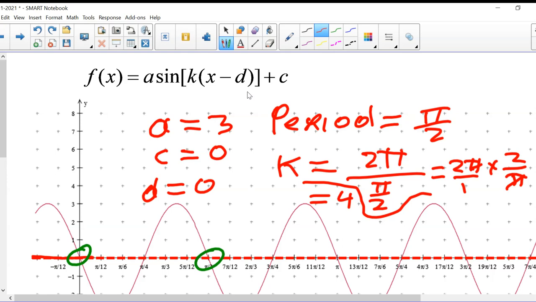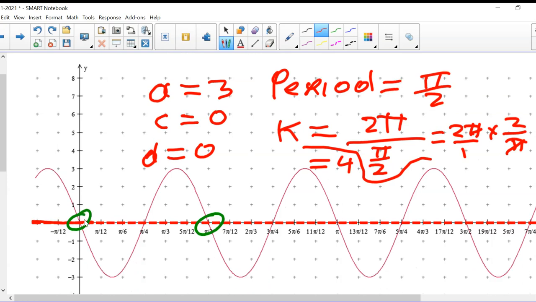So if there's no phase shift, how can I make this function start off on the 0, the origin, and instead of going up like a regular sine function, it does this and goes down instead? Is there a way that you think, based on what we've done so far with transformations, when I want it to behave in the fashion where rather than going up, it goes down, how do you think we could do that?